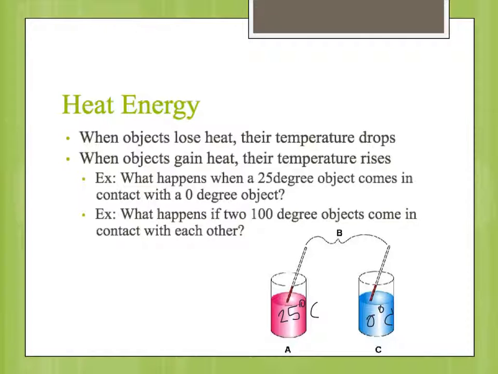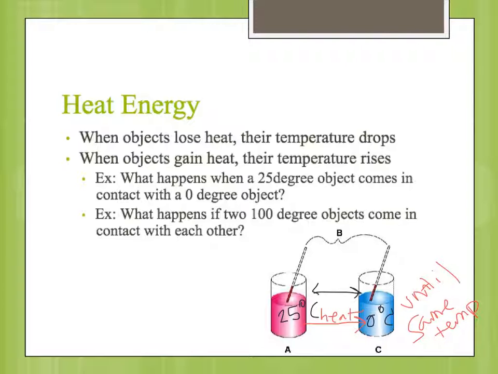All right, if we were to put them right next to each other, or pour one into the other, what's going to happen? Well, we just found out in the last slide that heat is going to move from the high temperature to the low temperature, right? So heat flows from hot to cold, and it's going to do that until they become the same temperature, right? So we'll put until same temperature.